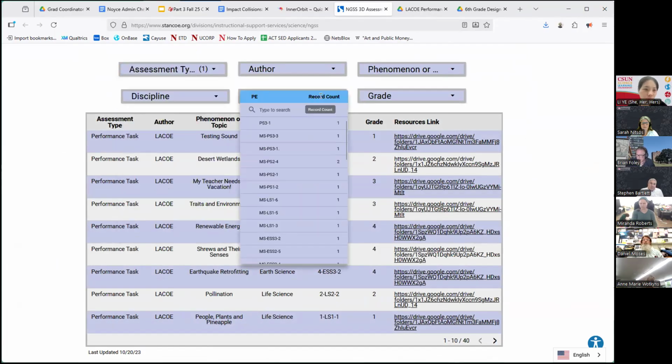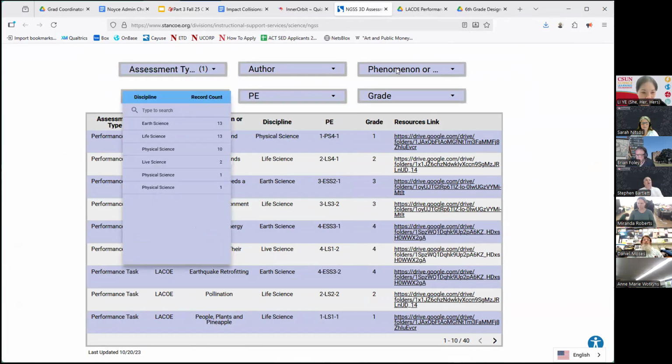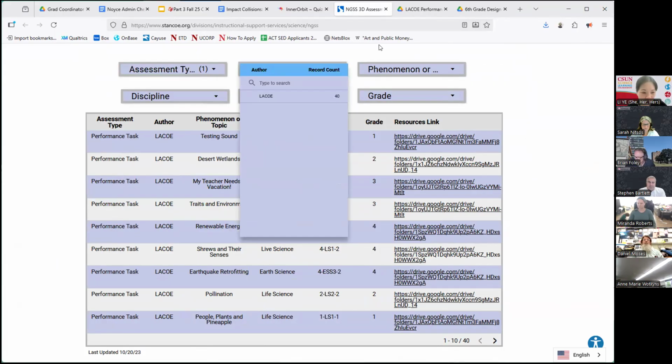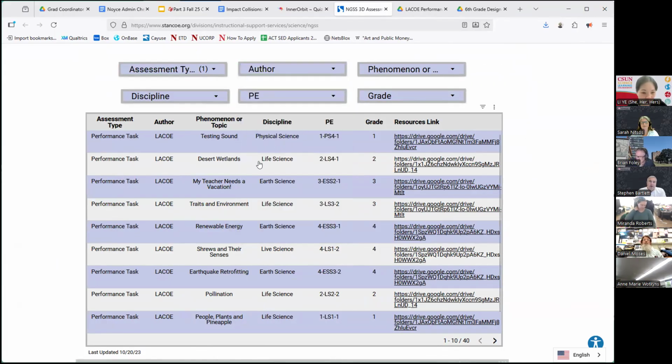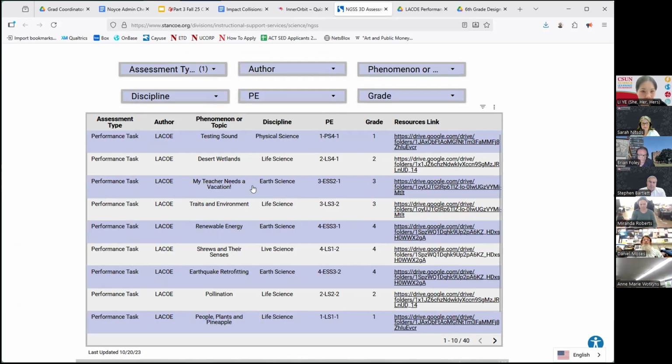You can pick by performance expectation, or by discipline, or by CCCs if they have those on there. A lot of the LACOE ones are on there as well. So you can go in and find more assessments that match what you're looking for for your students. Those are three really good resources.